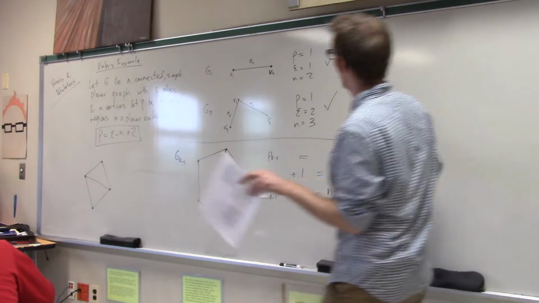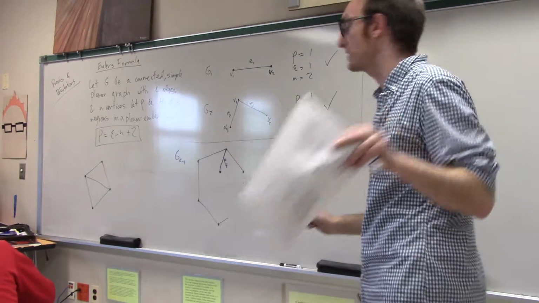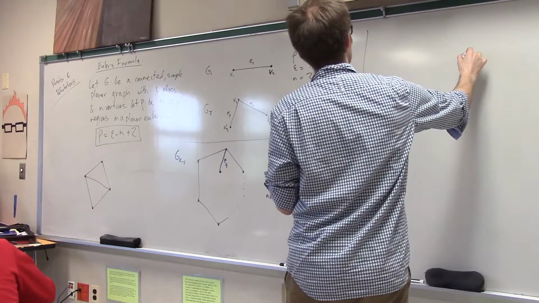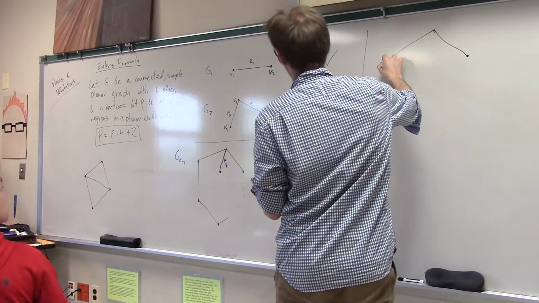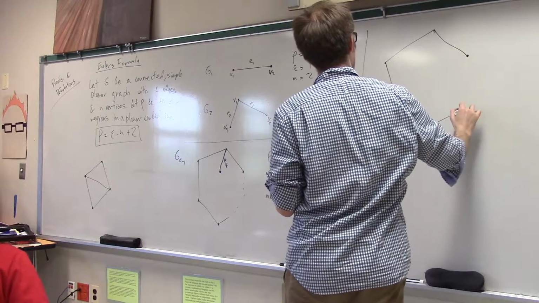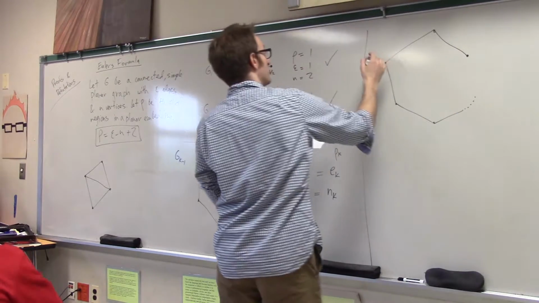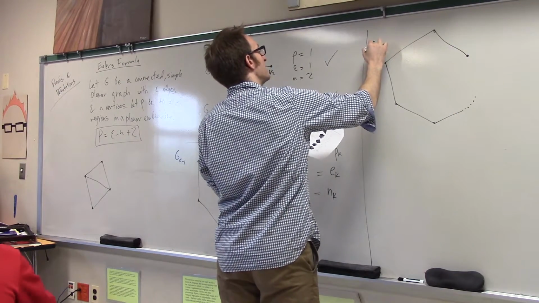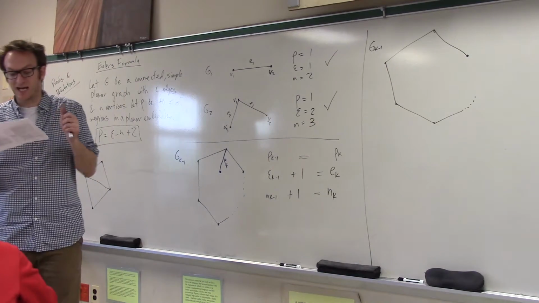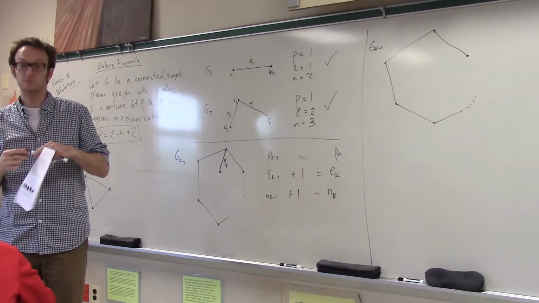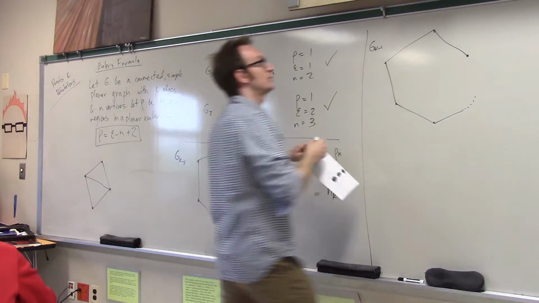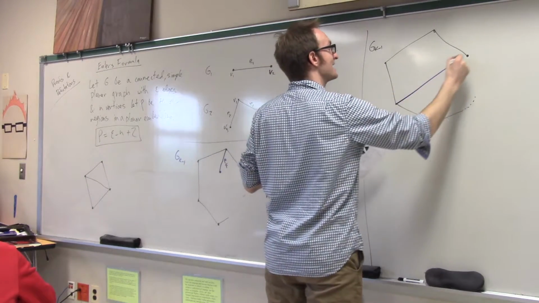No, I have not. Okay, and the last case to consider is the case in which here is my graph G_{k-1} now. So this is G_{k-1}. What's the other way in which I can add an edge? I can connect two vertices that already exist.